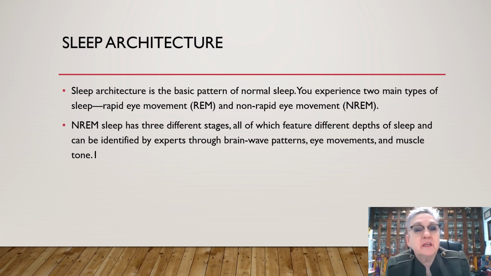In normal sleep architecture, there's a pattern of sleep made up of 2 main types: REM sleep, rapid eye movement sleep, and non-rapid eye movement sleep, which contains stages 1, 2, 3, and 4. So the non-REM sleep has 3 different stages. They all feature different depths of sleep and can be identified through the brain waves, polysomnogram, eye movements, and muscle tone.